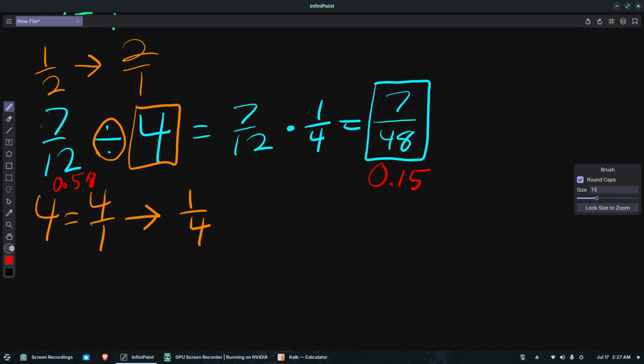So the value here actually went down when we went from this to this. So something else to keep in mind: when you're dividing with fractions, if the value you are dividing by is less than 1, then the number being divided is going to increase. And if the value you are dividing by is greater than 1, then the number that you are dividing is going to decrease. That is going to do it for this video.